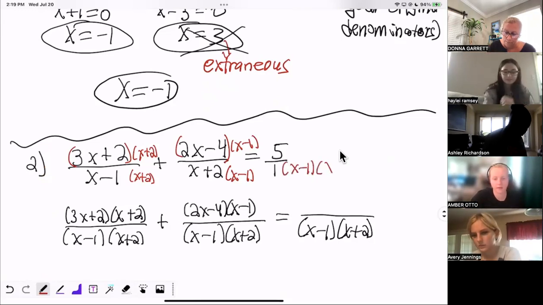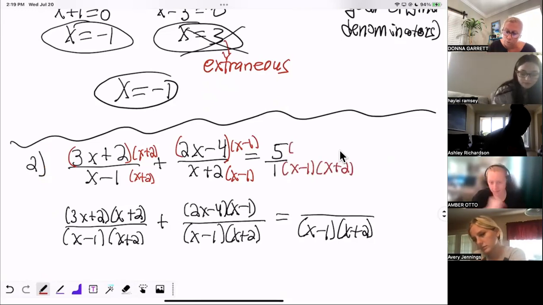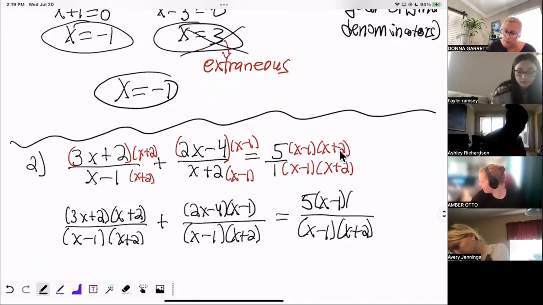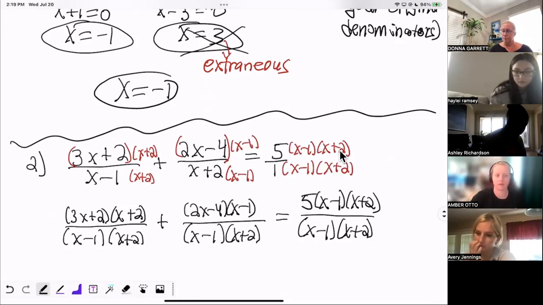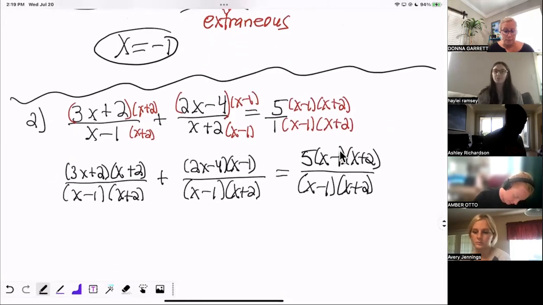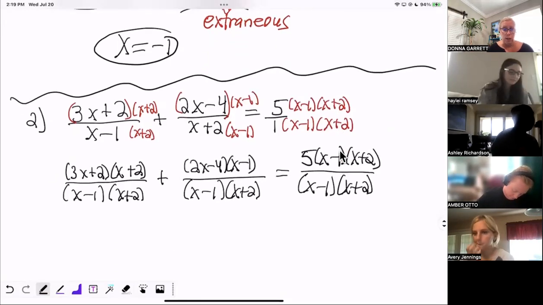I don't have either of them, which means I multiply the 5 by both of them. And I'm going to write that down here: 5 times x minus 1 times x plus 2. So that's my setup. Everything is fixed. I have common denominators. Once I have common denominators, I don't need them anymore. And now I'm going to start multiplying.